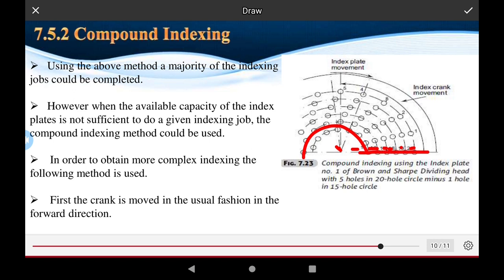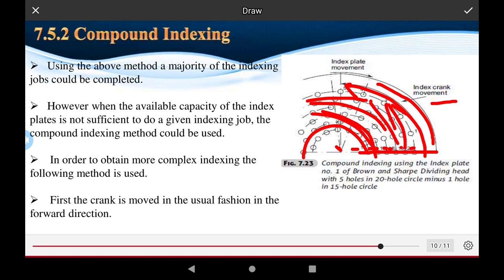This is the indexing plate for the index crank movement. Moment here means rotation of the crank, which is compound indexing using the index plate.